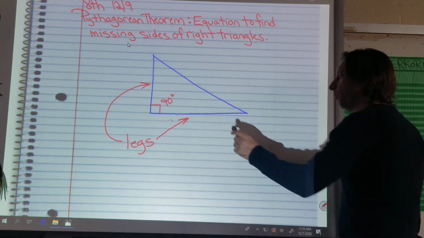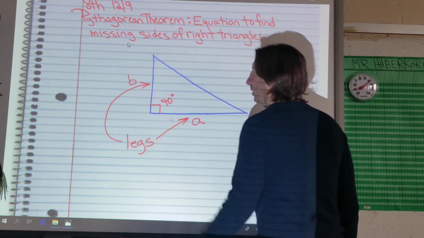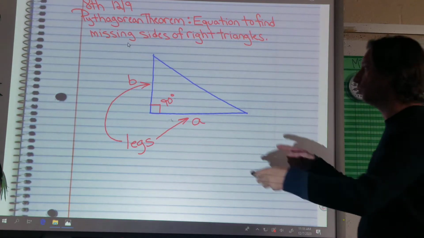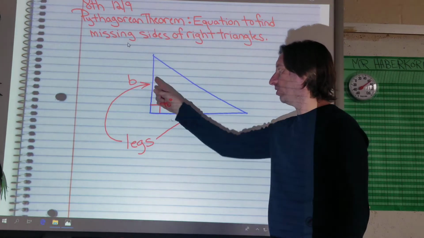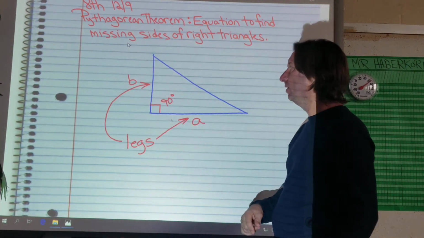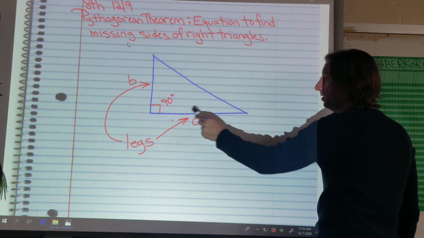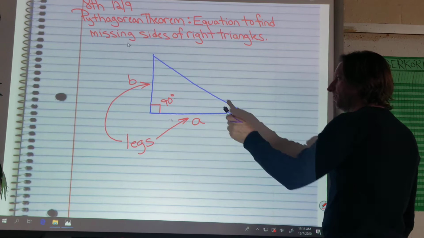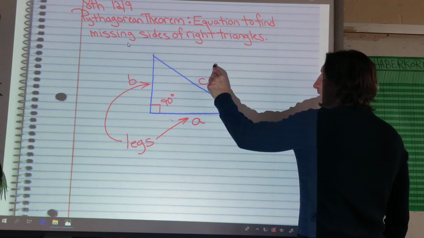And we also call those sides A and B. Now it doesn't matter which one's A and which one's B. You could switch those two. And remember, those two sides are touching the right angle. Then there's the one more side that's longer, and it doesn't touch the right angle. It's across from the right angle. And this side we either call C, or they call it the hypotenuse.